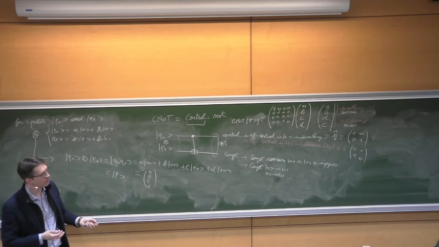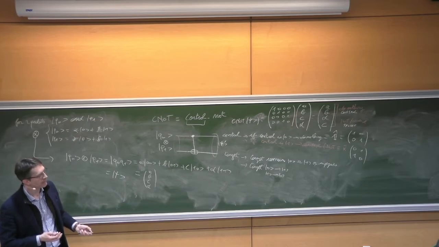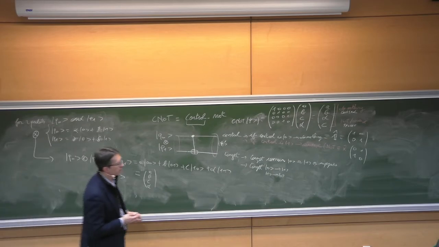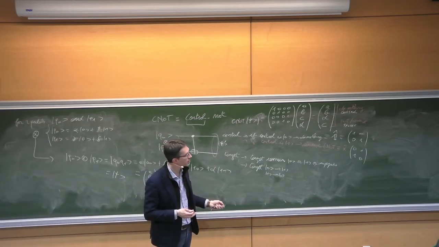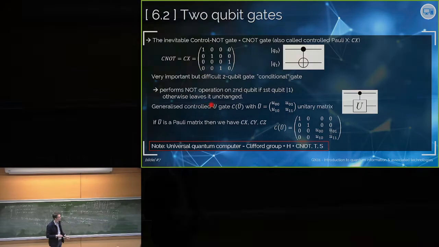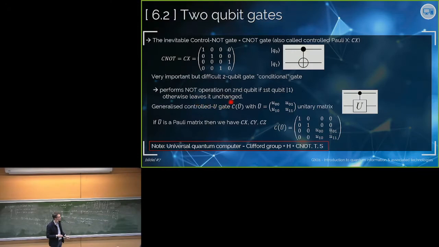So we can generalize a C0 gate by this gate, which is also a 2-qubit gate, where we generalize this part by saying that we call it the control U gate.